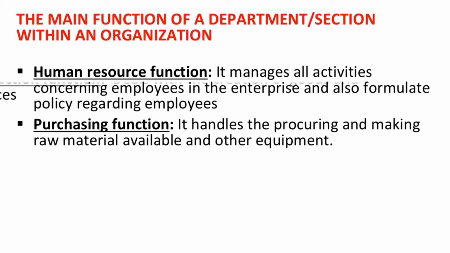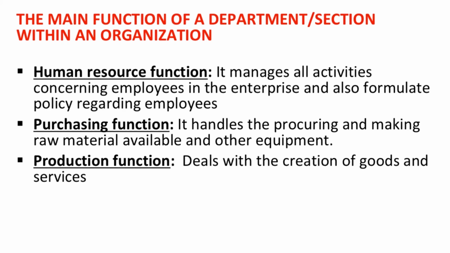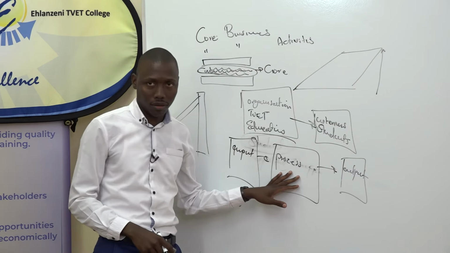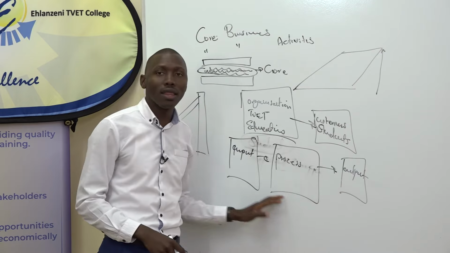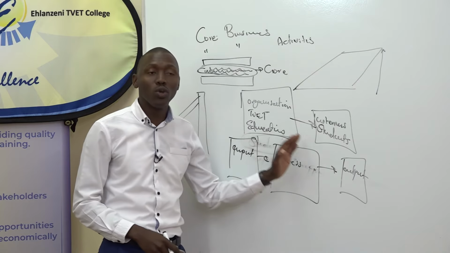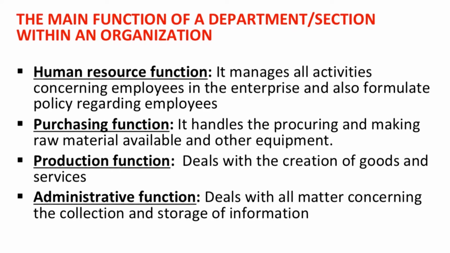Another function is the production function, which deals with the creation of goods and services, which are found under process. These people are the ones that create the goods and also the services. Then we also have the administration function.